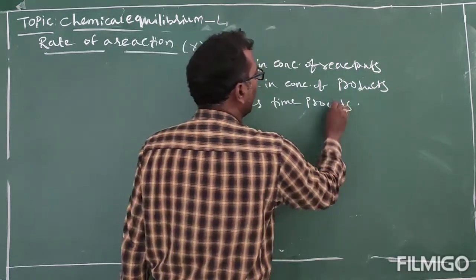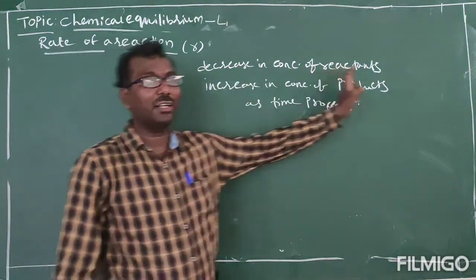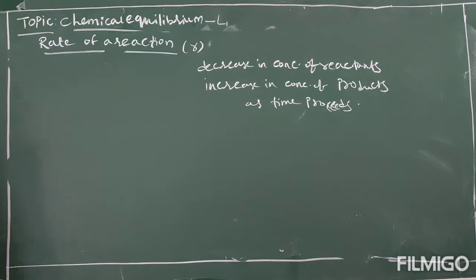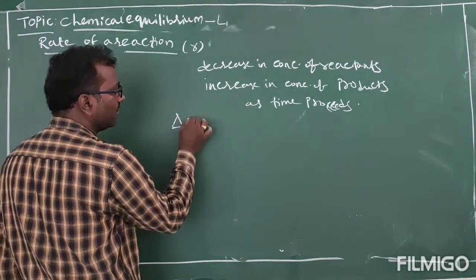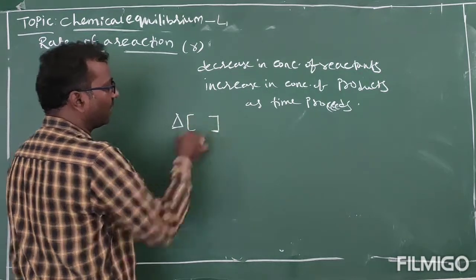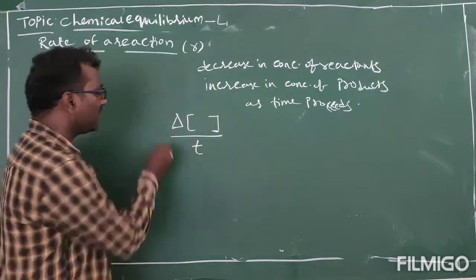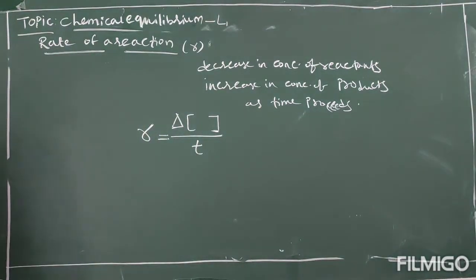Is it or not? As time proceeds, there will be decrease in the concentration of the reactants and increase in the concentration of the products. That is nothing but the change in concentration of reactants or products with respect to time, which is called the rate of a reaction.